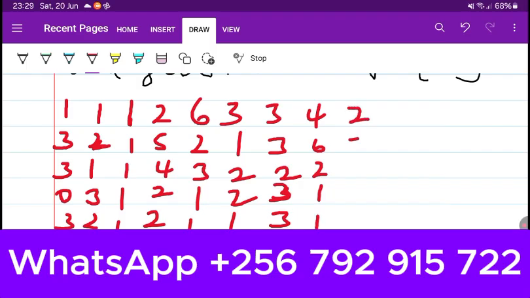Then 2, 2, 2, 1, 5. And finally 4, 2, 3, 3, 1. They told us they are 50.